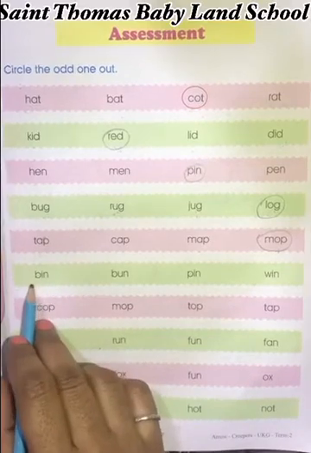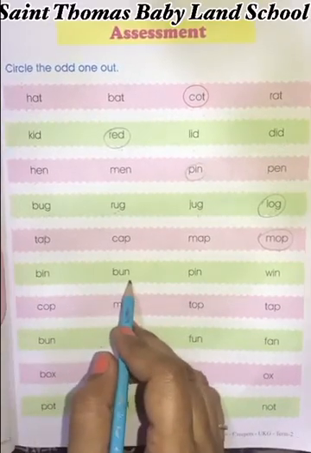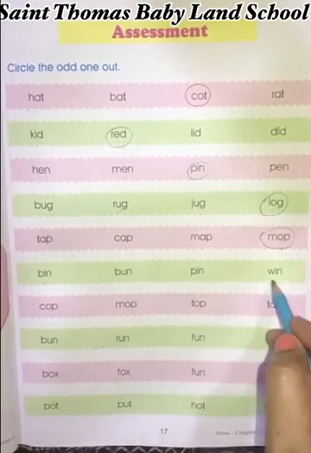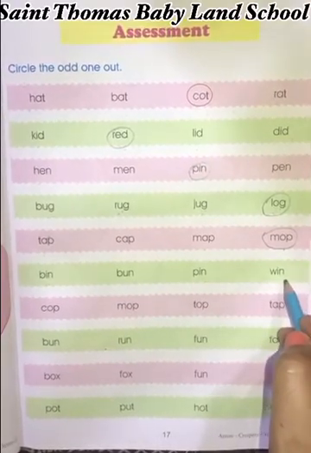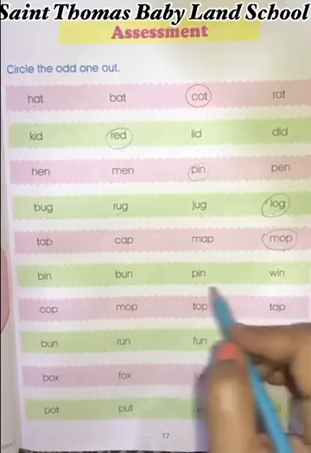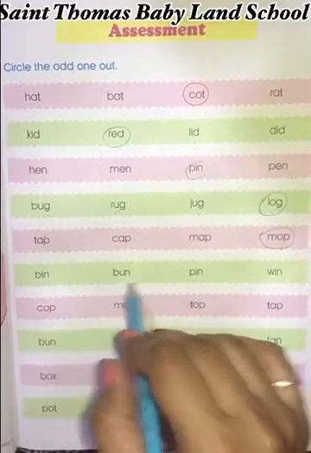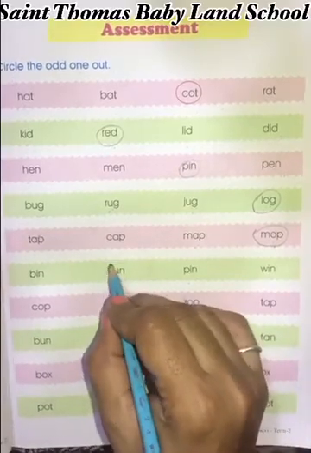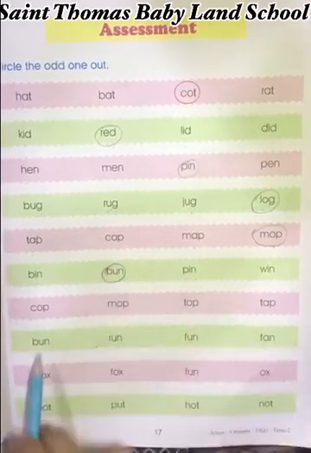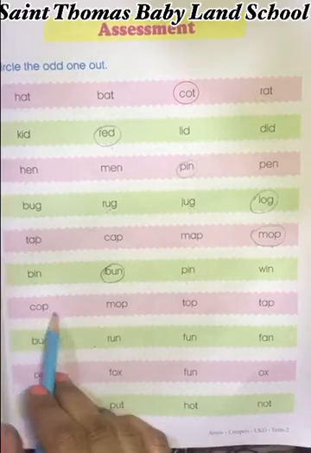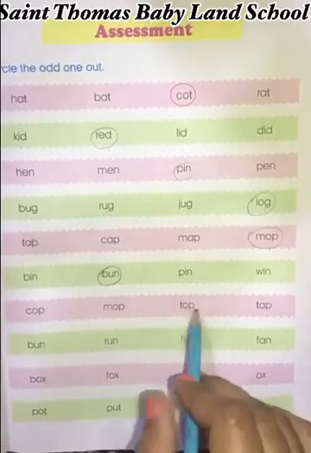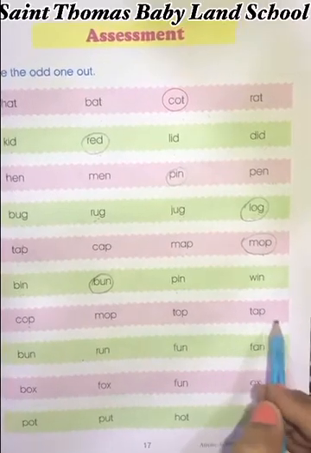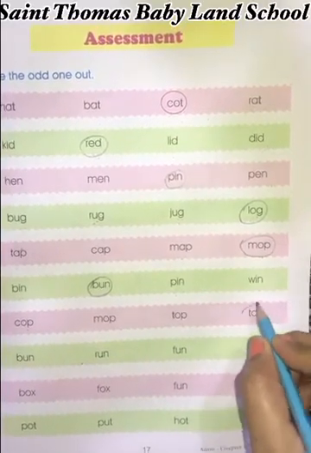So bin, B-I-N, bin, B-U-N, bun, P-I-N, pin, W-I-N, win. Which word is odd one? Bin, bun, pin, win. This one. So circle here. Okay. Now C-O-P, cop, M-O-P, mop, T-O-P, top, and T-A-P, tap. So this word is odd one.